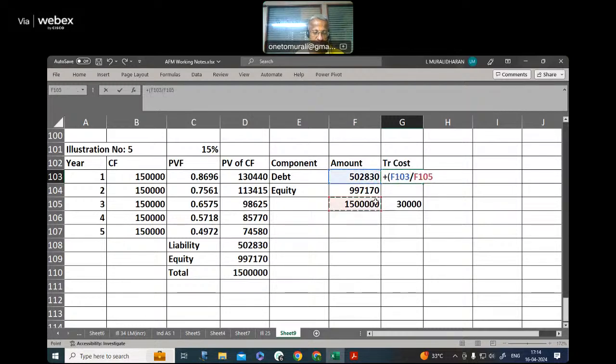Divided by this, into 30,000, around. So the next one is this minus this, the net of transaction cost. So 492,773 is the basis on which we are expected to compute.